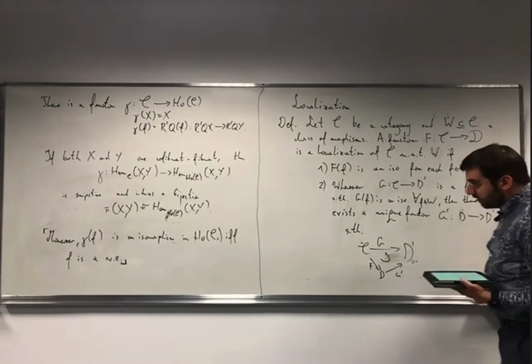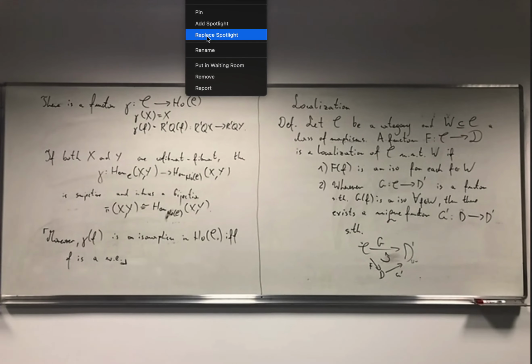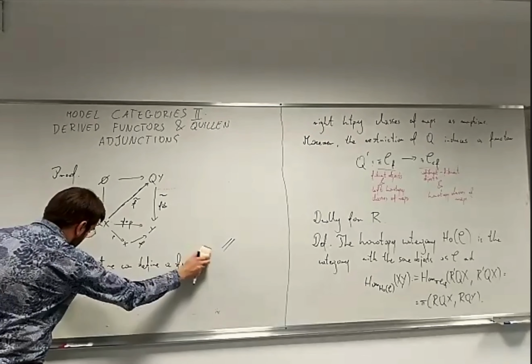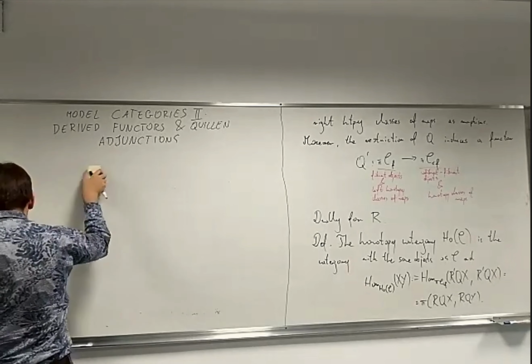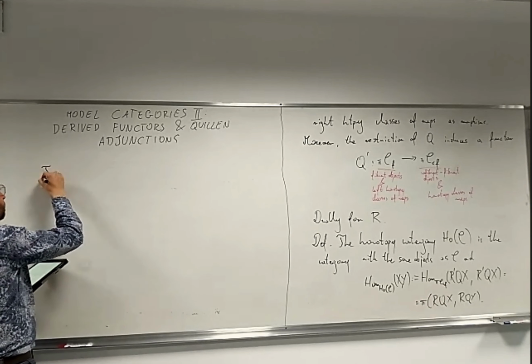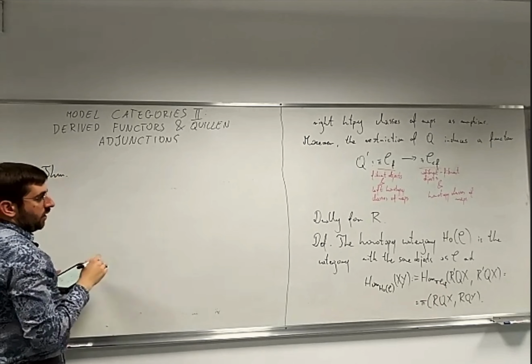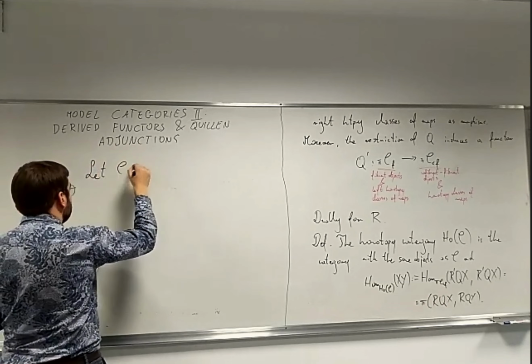Okay, and this will give us, using this statement over here, a more conceptual description of the homotopy category, because let C be a model category.